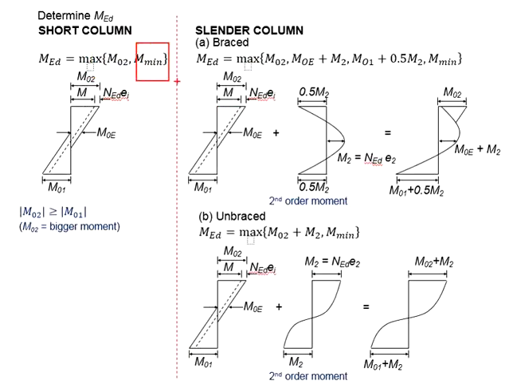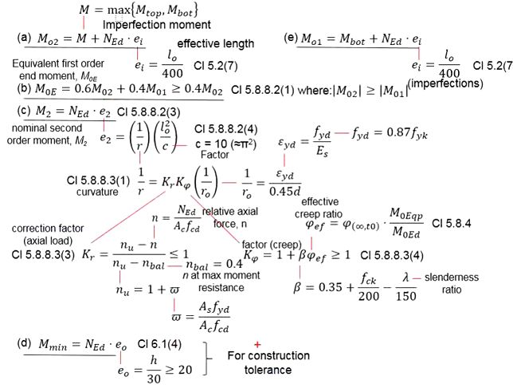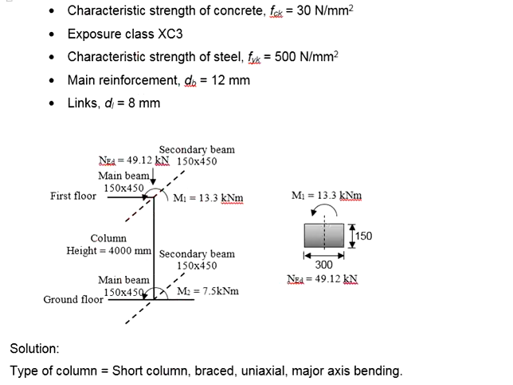How about M-mean? It is meant for the construction tolerance, calculated on the basis of the axial load times the e naught. The e naught is a function of the dimensions of the column, which is h divided by 30. If you refer to the column section here, you need to decide whether this is the h or this is the h.